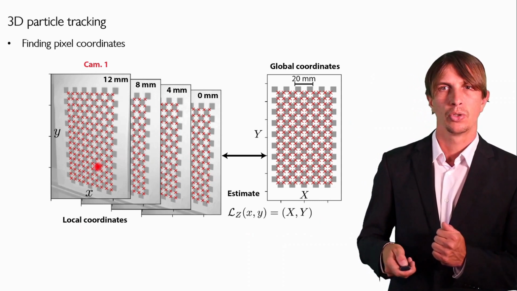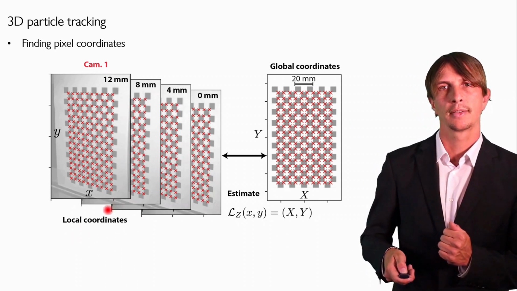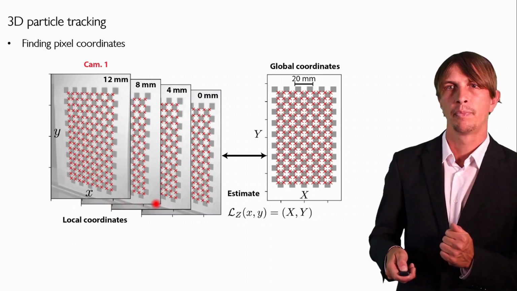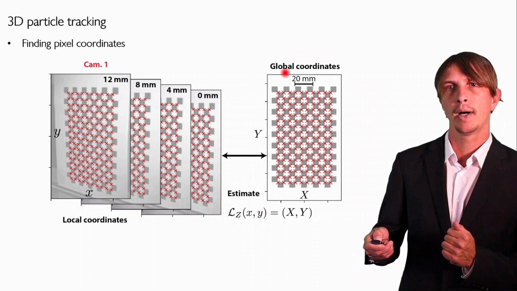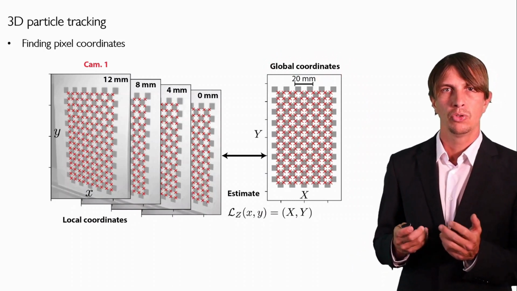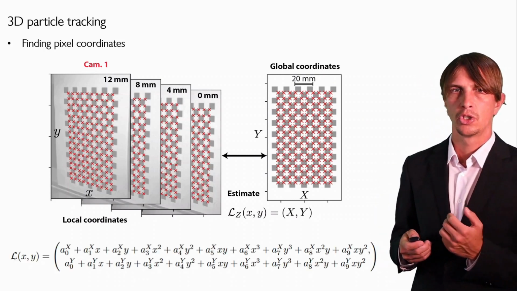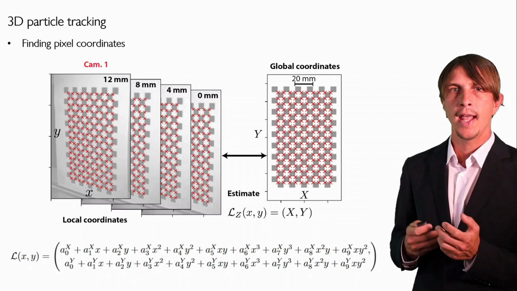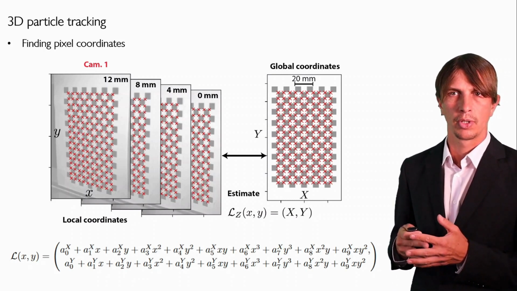Four images are shown here, recorded by camera 1, and we can see the local coordinates X and Y shown here. But what we want to obtain from those images is the global coordinates X, Y, Z. To do that, we have to deduce a transform function shown here. A is a polynomial transform coefficient of the third-order equation.